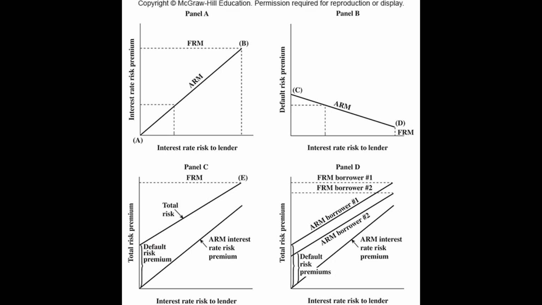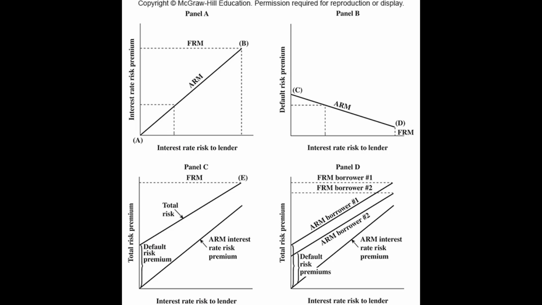So it's a little bit of a tricky proposition for the lender because they've got to set the interest rate high enough that they're compensated for interest rate risk, but low enough that they do not push that borrower into a high default probability category.